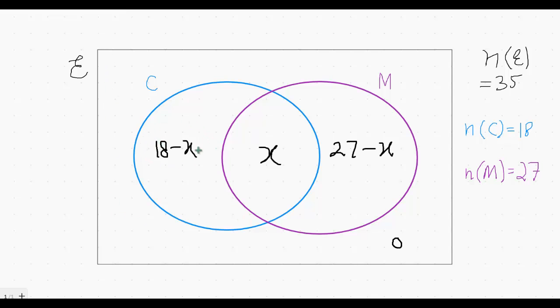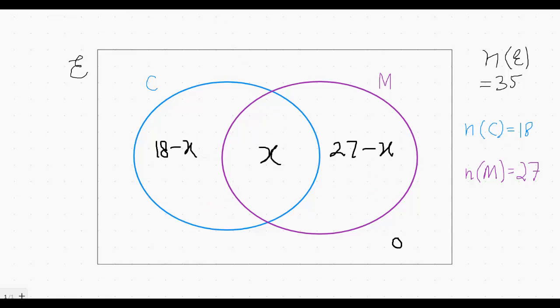From this Venn diagram, if we add all the number of families from these 4 regions, the sum should be equal to 35, because the total number of families in this question is 35.